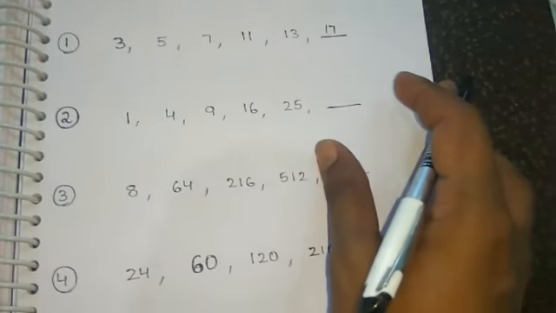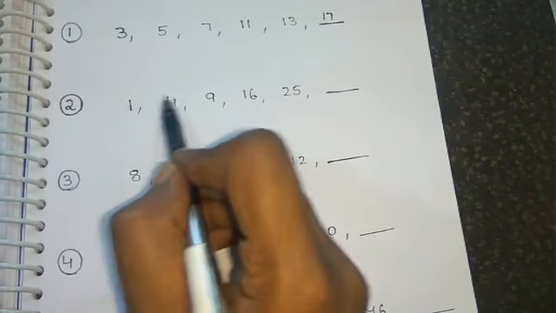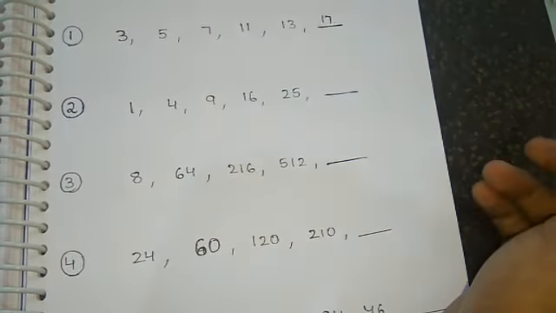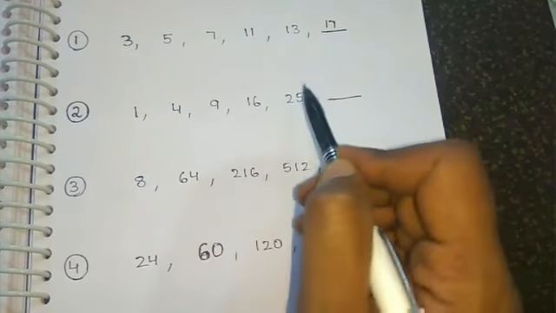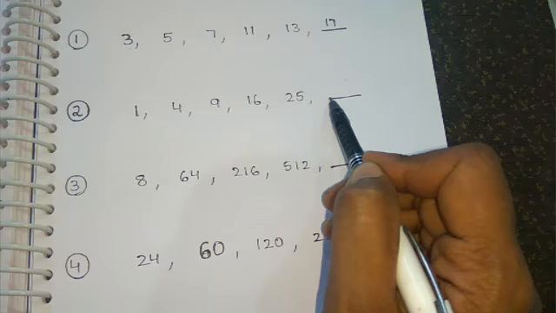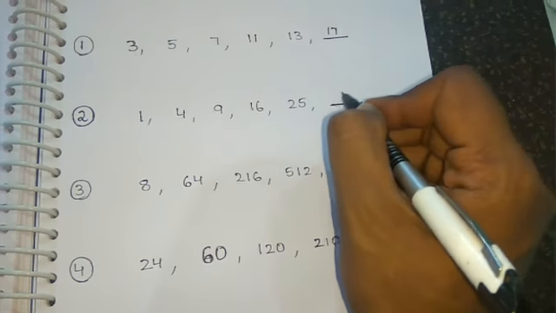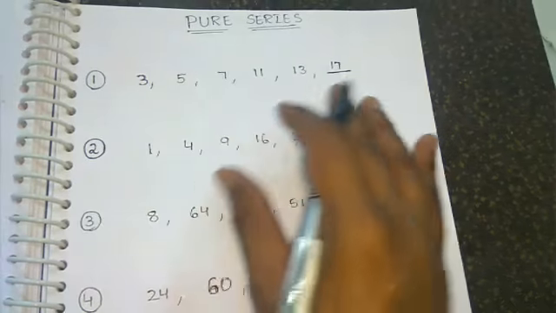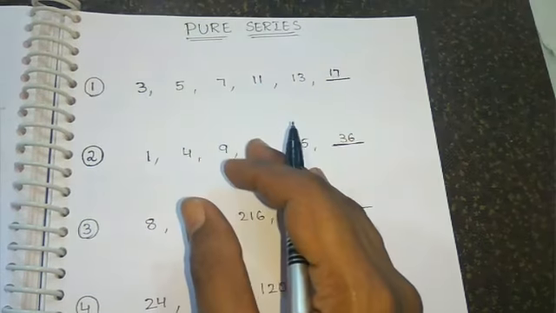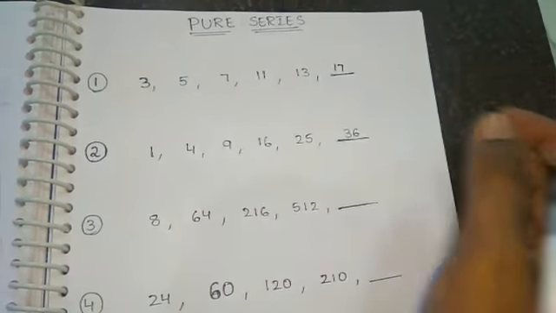The next one: 1, 4, 9, 16, 25. See, 1 square, 2 square, 3 square, 4 square, 5 square. So in the blank it will be 6 square, and 6 square is 36. Just by seeing the series itself we are able to answer the question, right? That is pure series.